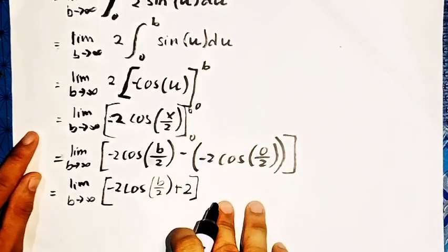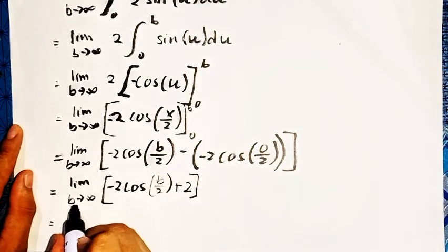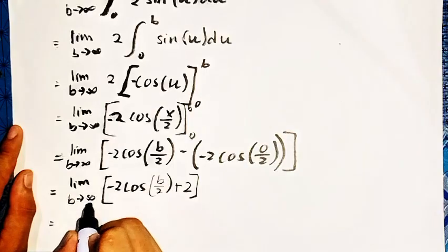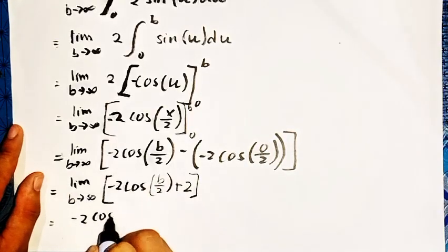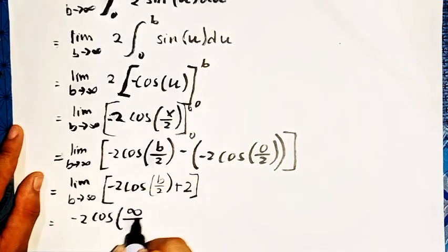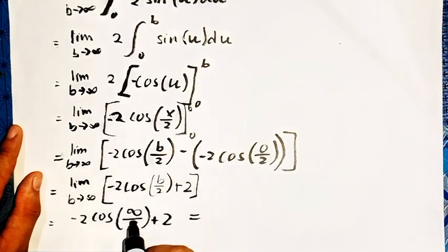Now let's apply the limit. Let's substitute infinity to b. So negative 2 cosine infinity over 2, plus 2. Now infinity over 2 is infinity, right?